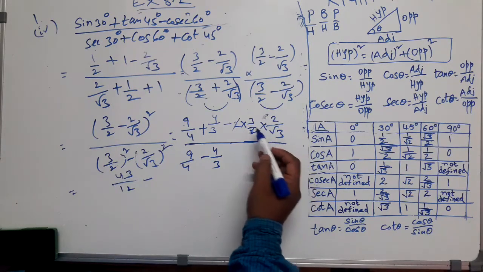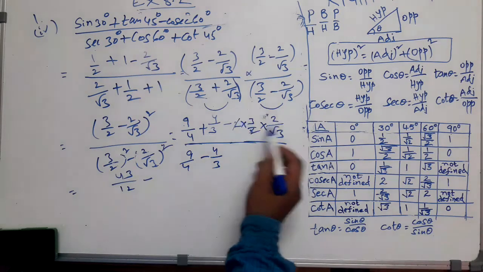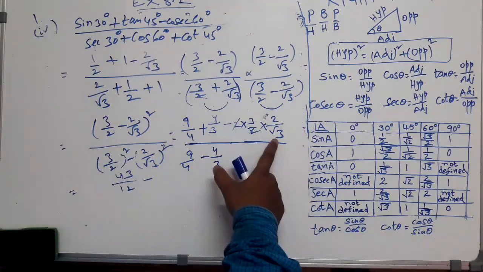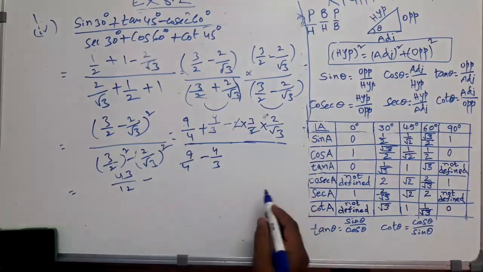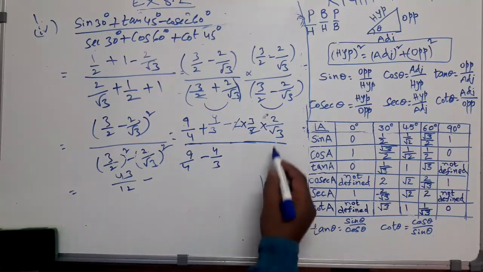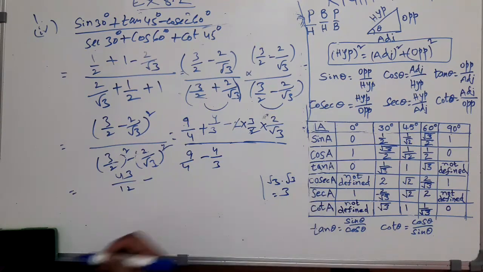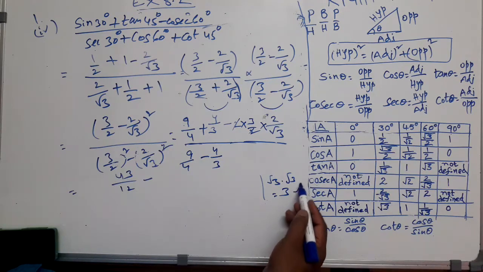See, can you observe any relation between this numerator and denominator? Yes, this is 3, this is root 3. Is there any relation? Yes, 3 is nothing but the square of root 3, right? Root 3 multiplied by root 3, I can write it as 3. Or if I have 3, I can write that as root 3 multiplied by root 3.